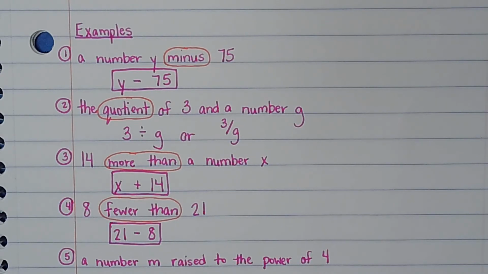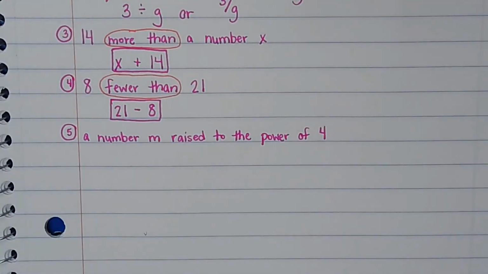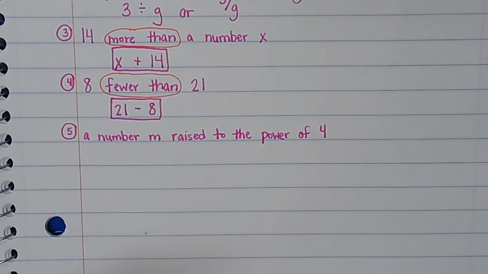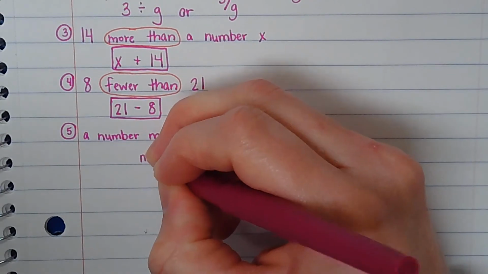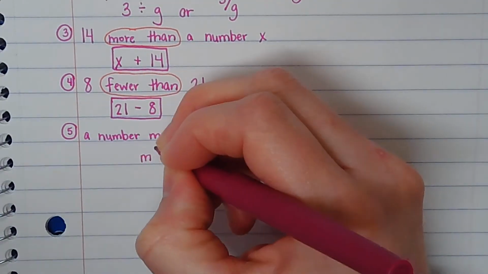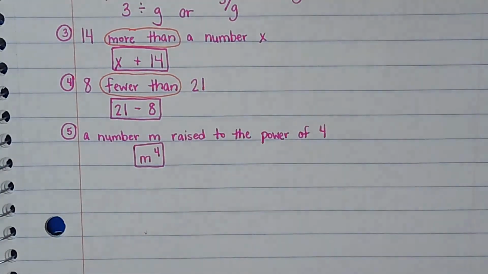Raised isn't up there, power is not up there, but hopefully, and I purposely put this one up here because sometimes you might see it, but I just wanted to give you an example. Anytime you see power, you're talking about exponents. So exponents will be multiplication. So this is telling me that it is a multiplication problem. So it is m raised to the 4th power. So that would be m to the 4th power, just like that. And that's your answer.